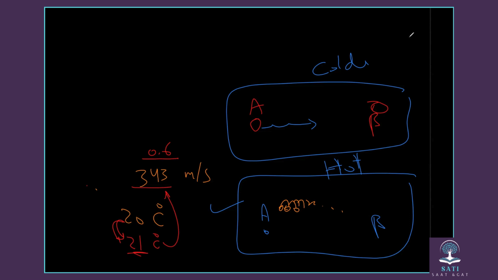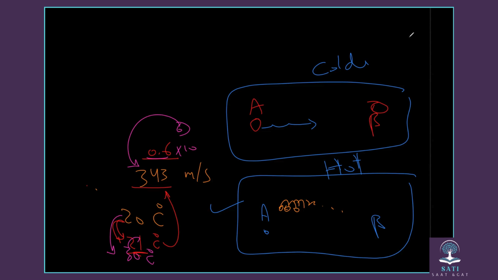If it increases by 10 Celsius, so instead of 20 it becomes 30 Celsius, that's 0.6 times 10, which is 6. So the velocity of the sound will become 349 meters per second.